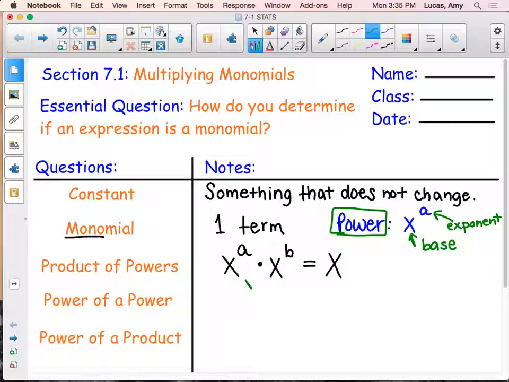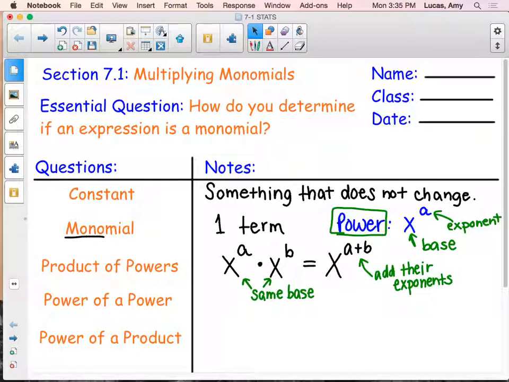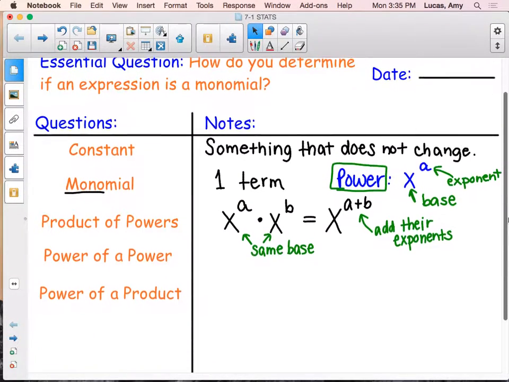So if they have the same base, and they're being multiplied together, you can add the exponents. And you write the base only once. I'll be explaining why this is true on one of our later slides. So this is the product of powers.